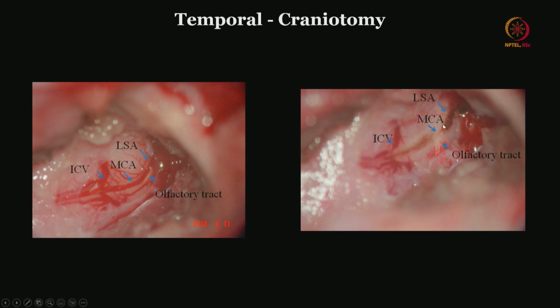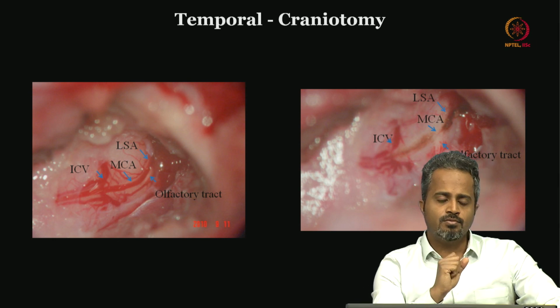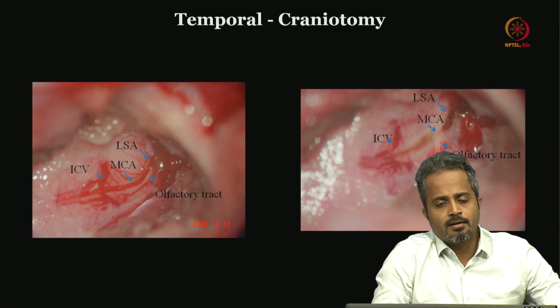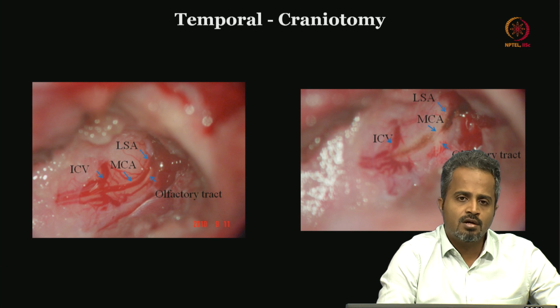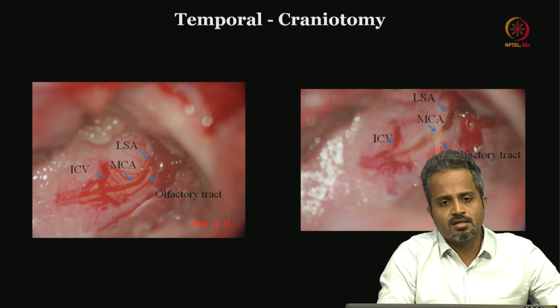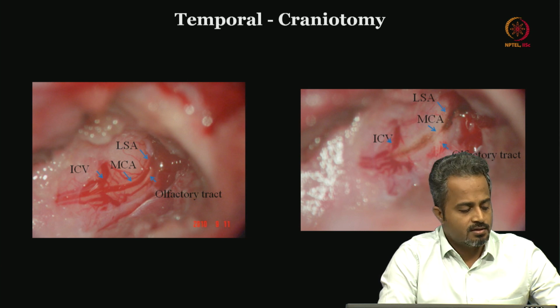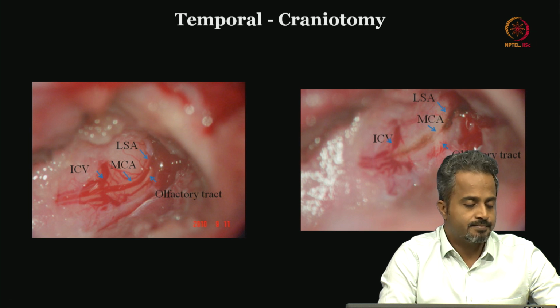So that is the classical MCA occlusion using bipolar coagulation once the middle cerebral artery is exposed by doing a temporal craniotomy. This is a very important difference with the usual craniotomy, and I'm sure this craniotomy can be used for many other approaches to the various brain structures. All right, so this is temporal craniotomy.